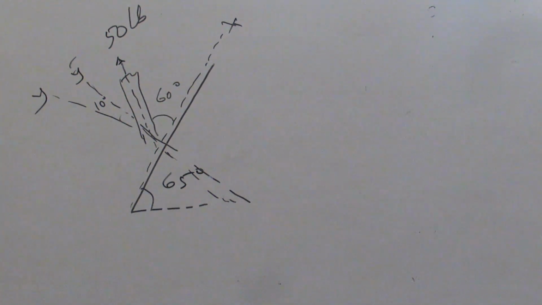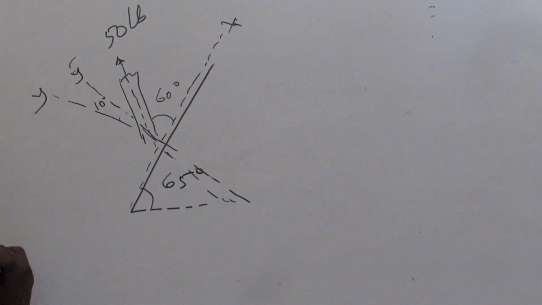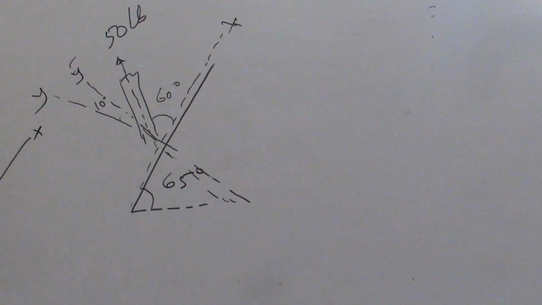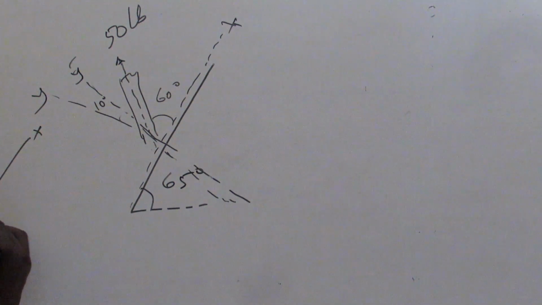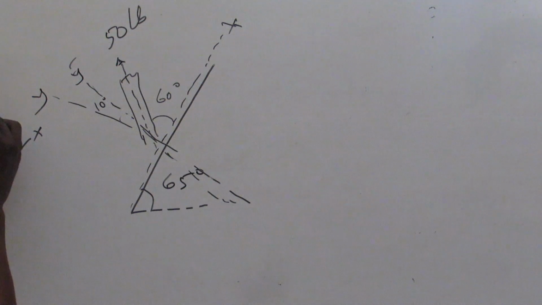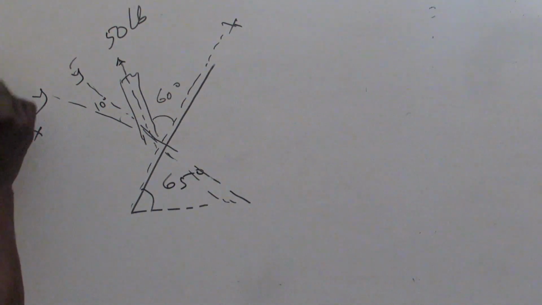So we draw the diagram here. Our X is here. This is 60 degrees. Here is 50 pounds.